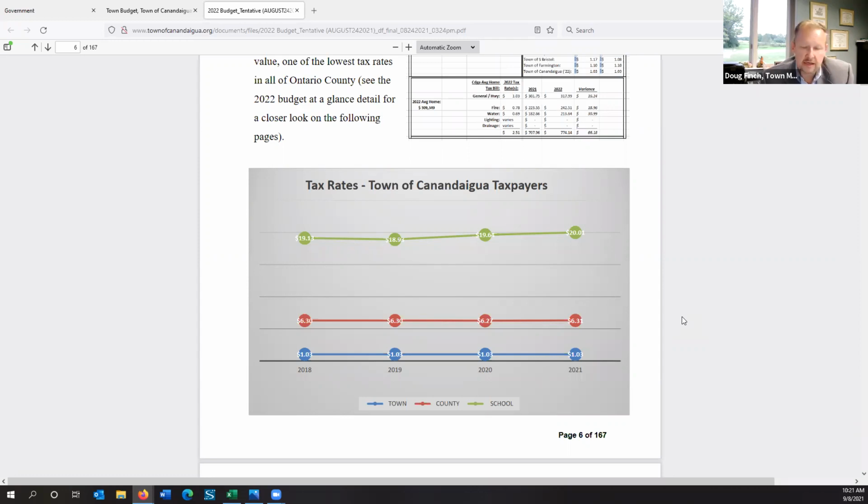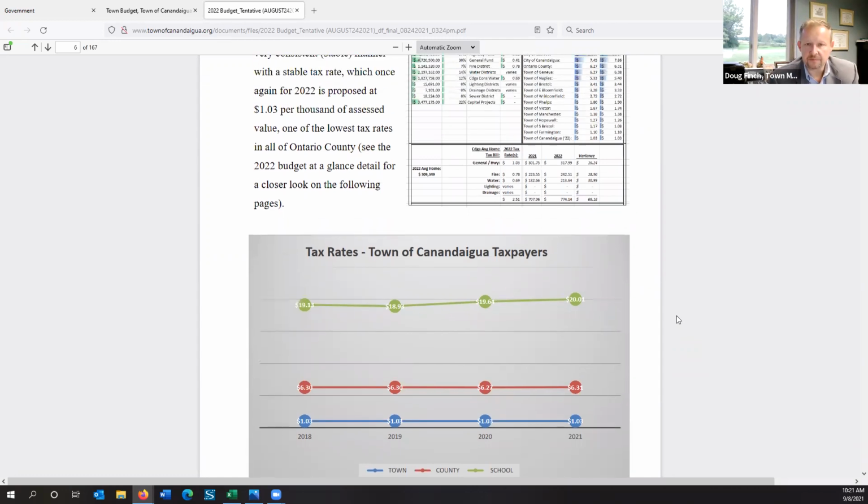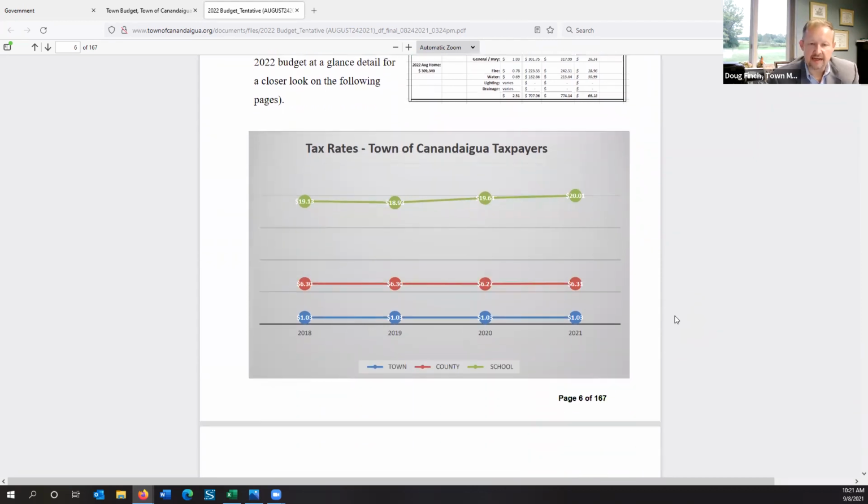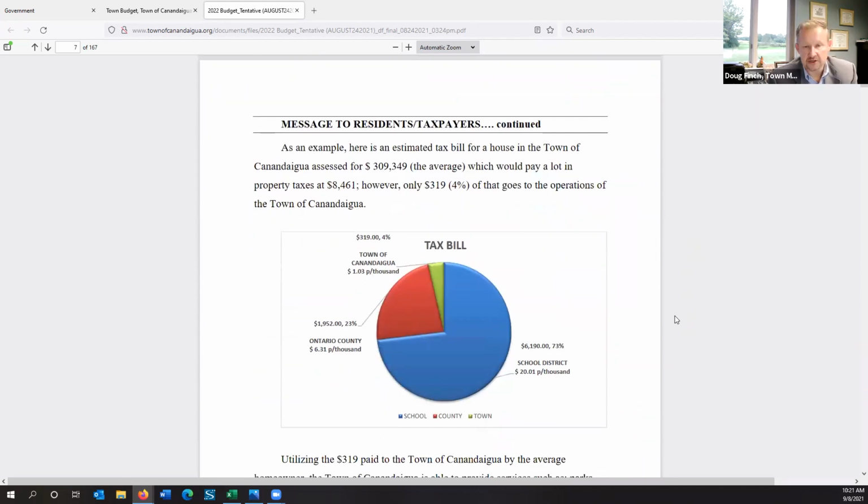You have the county tax rate at $6.30 going to $6.31 this past year. And then the school tax rate, which was at $19.13 in 2018, up to $20.01 per $1,000 of assessed value. We're going to talk more about that in just a second.